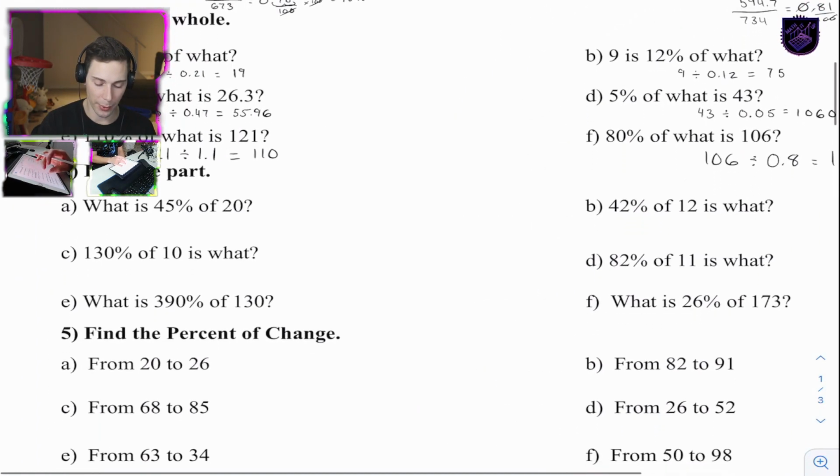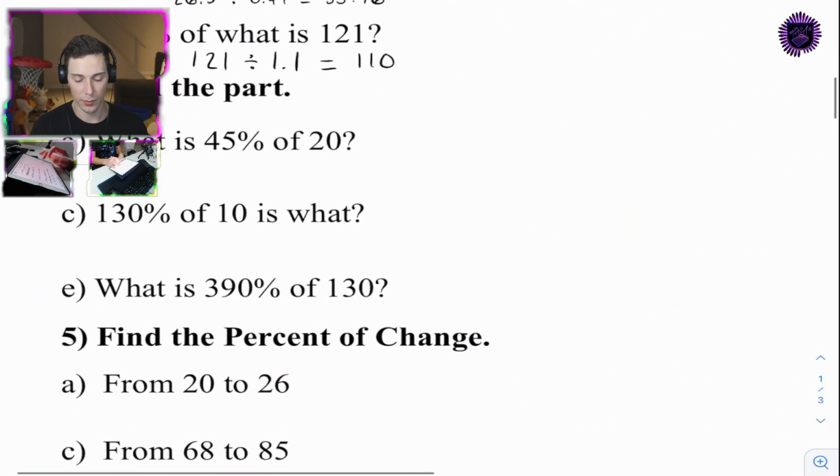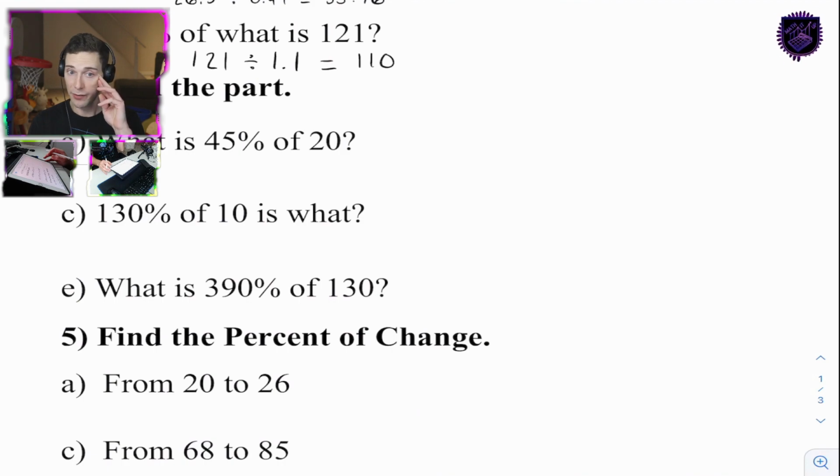We're looking for the part. So we have the percent and we have the whole, but what's the part? We're going to multiply the whole by the percentage.